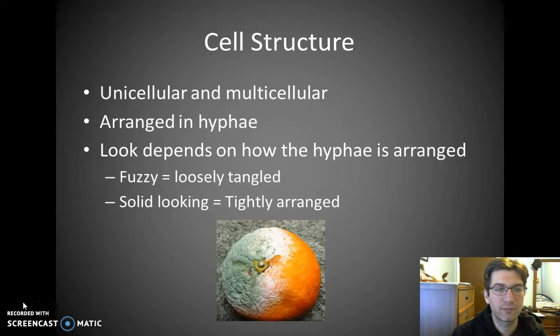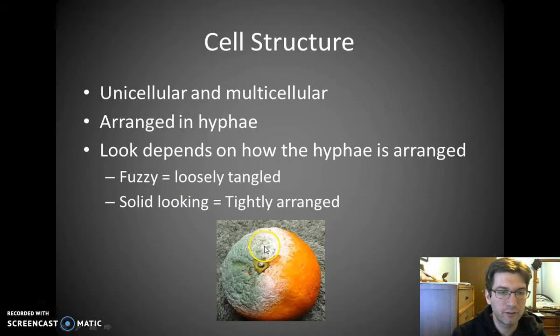And we are going to classify them based on the type of hyphae they have. So you have to actually sit there and look at it. There are two types: loose hyphae and tight hyphae. So it's either loosely arranged or tightly arranged, and it's based off of looks.